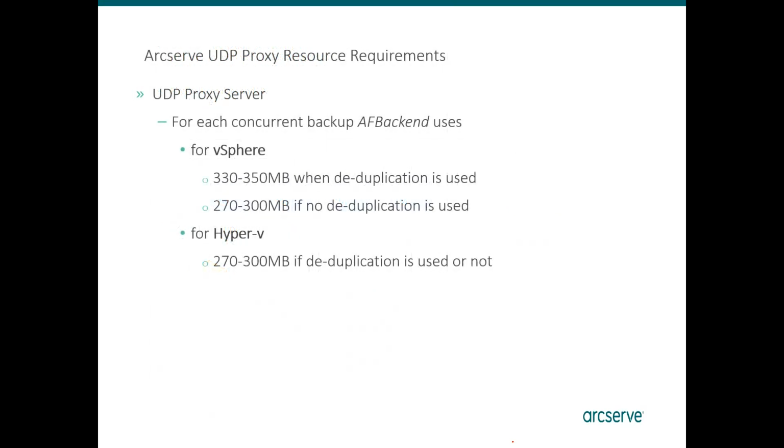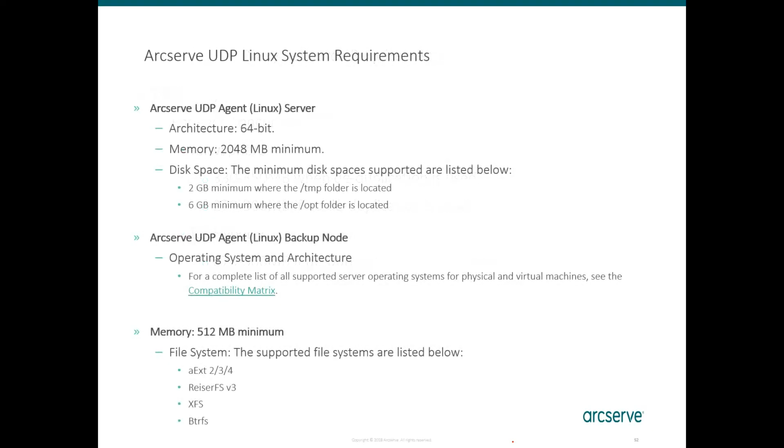So for vSphere, concurrent backups also require memory. So in addition to the 8 gigs of RAM, if you're running concurrent jobs, just keep that in mind. Every job is going to take additional resources. Hyper-V, the same.